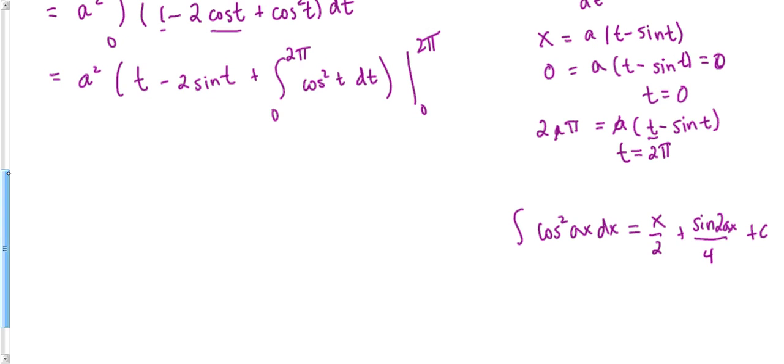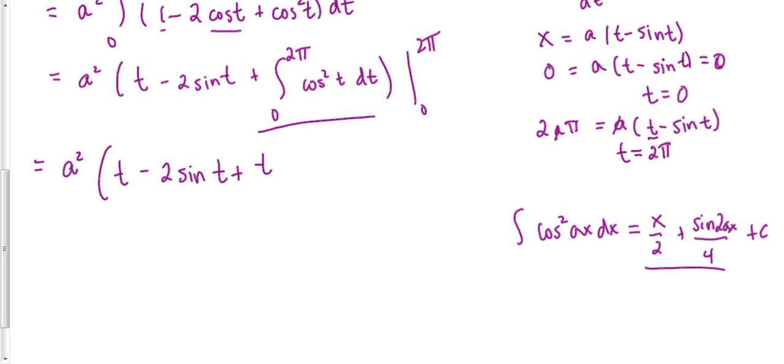And I can use that up here. So I'm still going to have my a squared on the outside. I'm going to have t minus 2 sine t, and then for my integral, I'm going to substitute in this. So I'm going to have t over 2 plus sine 2t over 4. And we need to evaluate all of this from 0 to 2 pi.